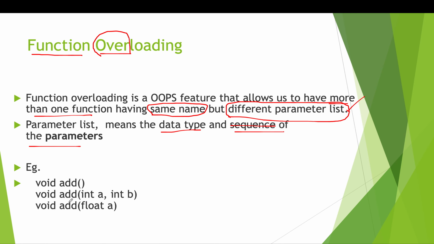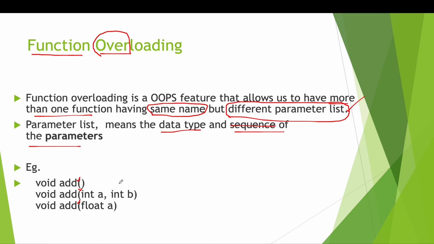So you can see 3 functions here. Function number 1 is add, function number 2 is add, and function number 3 is add. With whatever knowledge of programming we have till now, we would be really confused, and we would feel there must be some error if we call the add function.